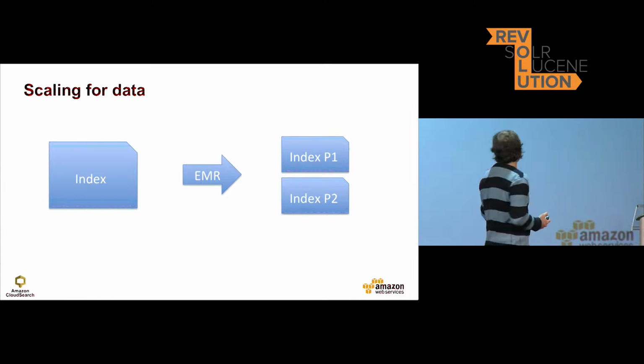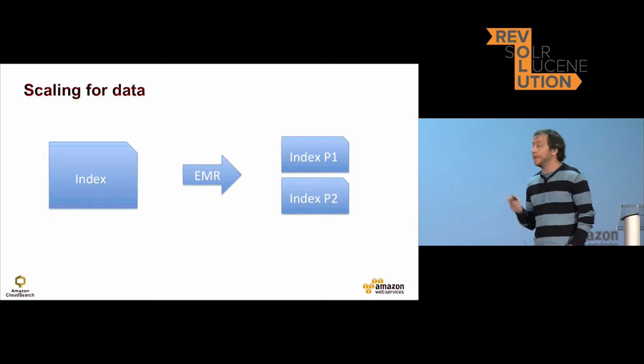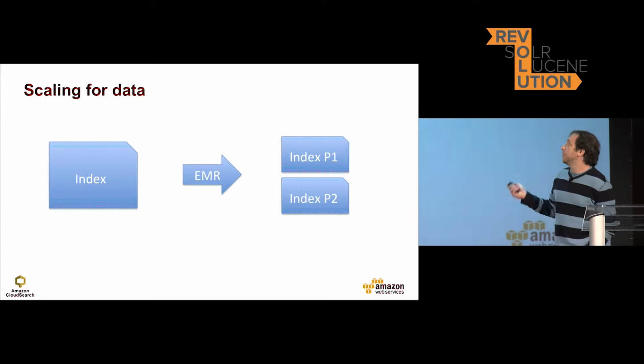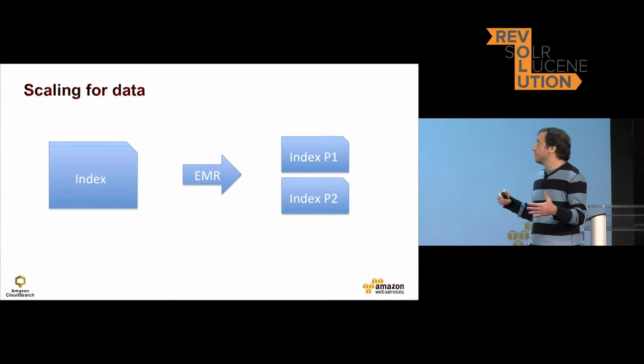For this, we use EMR, another Amazon Web Service, called Elastic MapReduce, that will launch a Hadoop cluster where we regenerate the index into as many partitions as we want. In this case, we're generating more partitions, but it also works the other way. Like, if you delete a lot of data, you could go to less partitions.